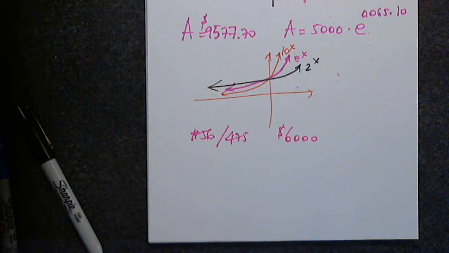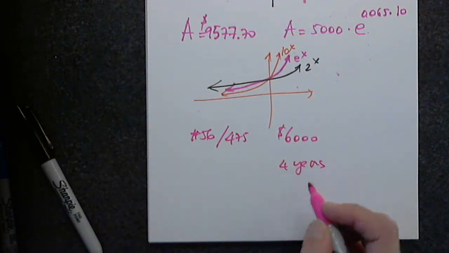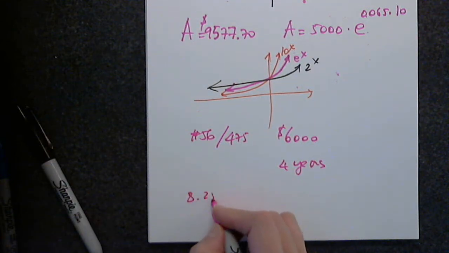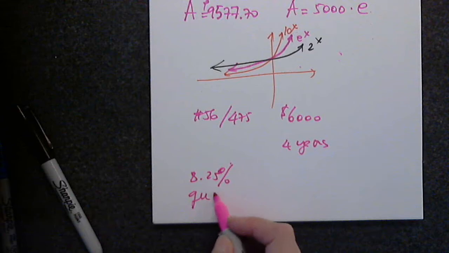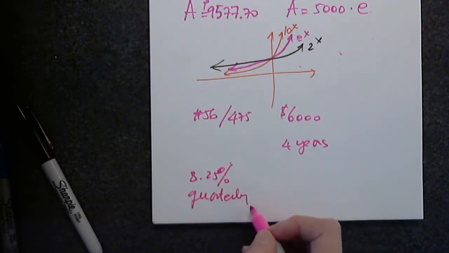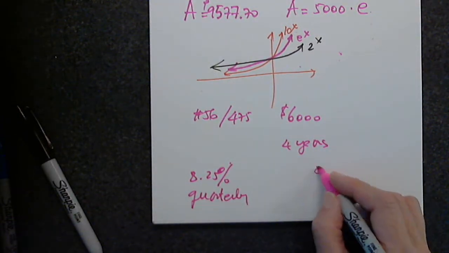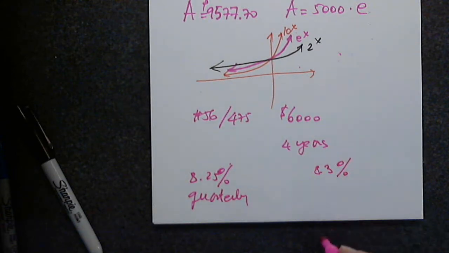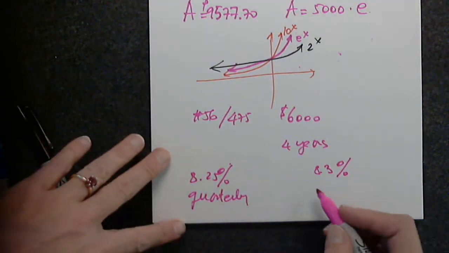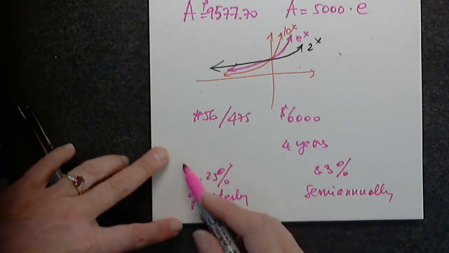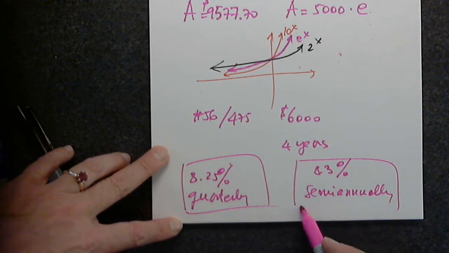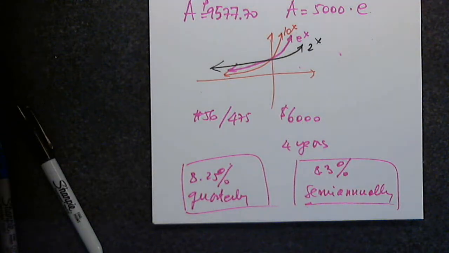Which investment yields the greater return over 4 years? 8.25% compounded quarterly, or 8.3, is that what you had in mind? 8.3% compounded semi-annually. That's the one you're comparing. Exactly. Very good. So we have two options.